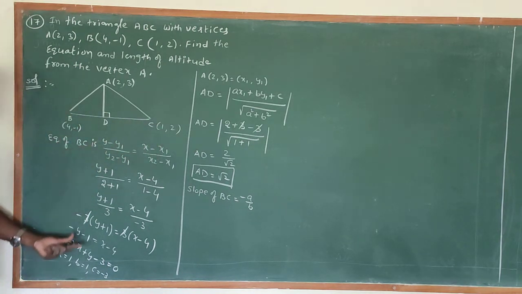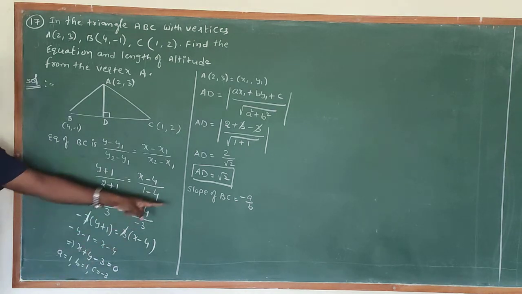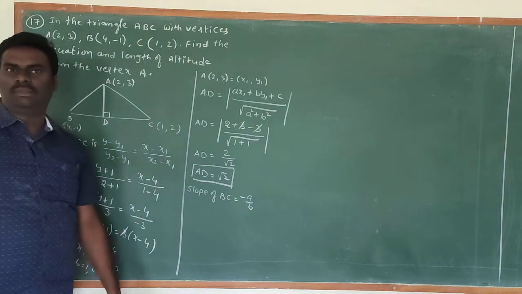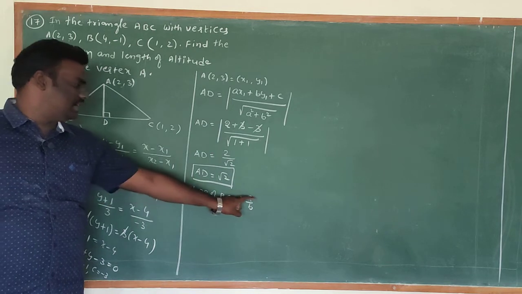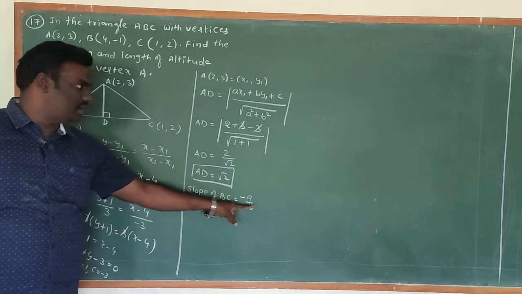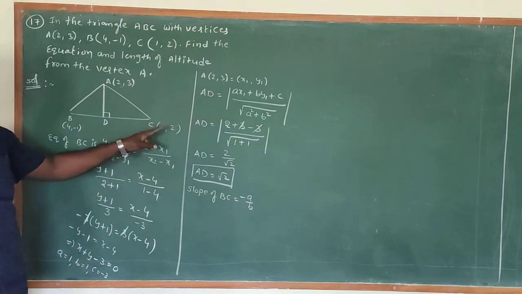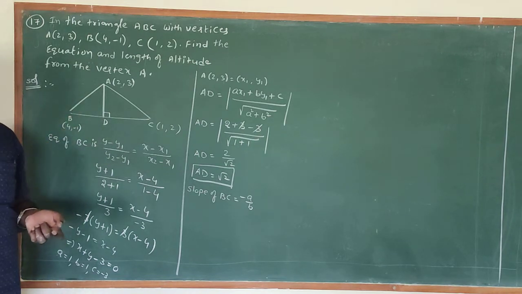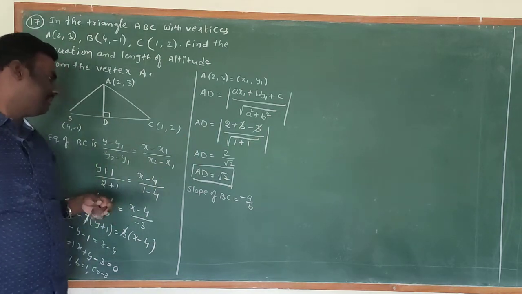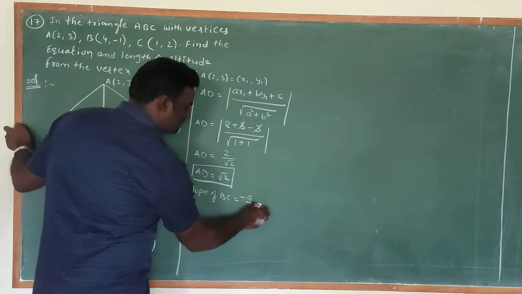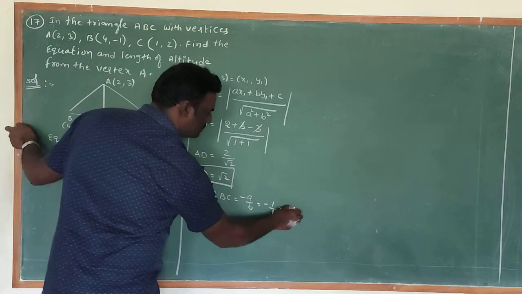But BC line equation we already know. How to find slope of a line? Minus A by B. If you didn't get the idea of taking this formula, the slope formula (y2 minus y1) by (x2 minus x1) also we can take. Then that equals minus A by B, that is minus 1.